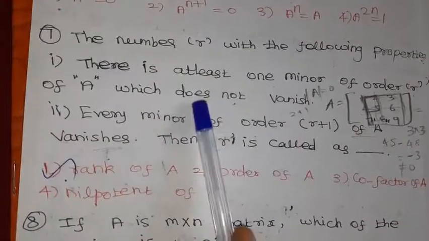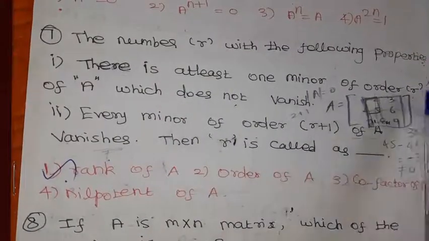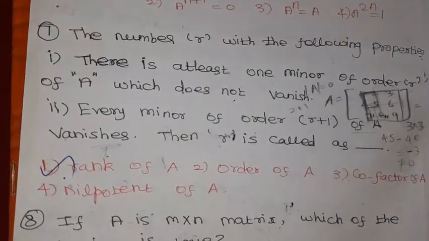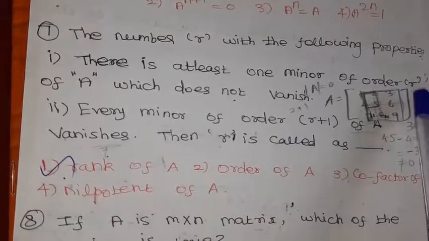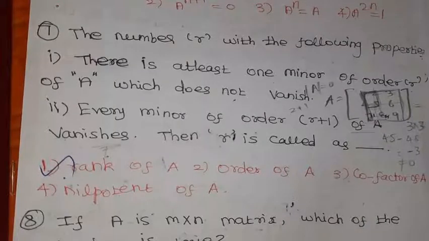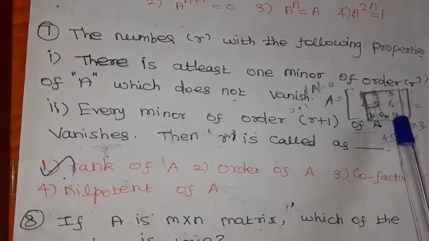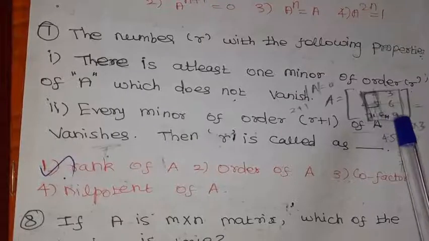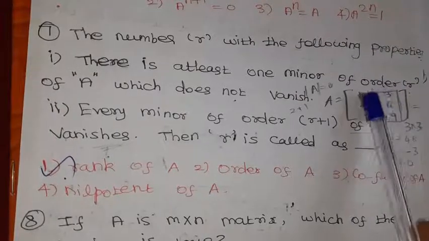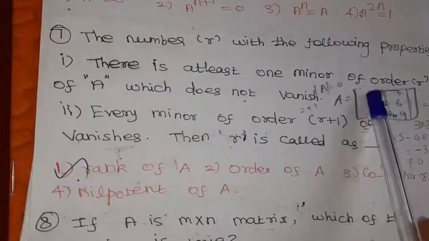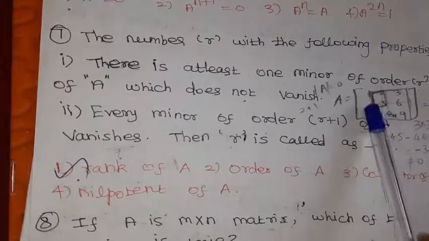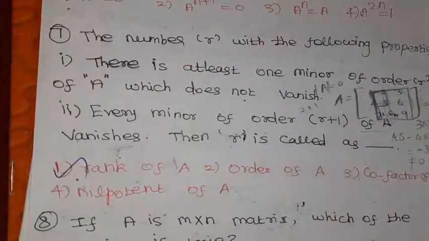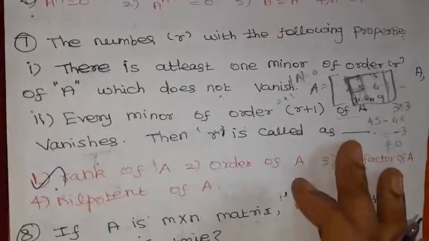There is at least one minor of order r. For example, if the rank of the given matrix is 2, then at least one 2 cross 2 minor should not vanish, should not be equal to 0.